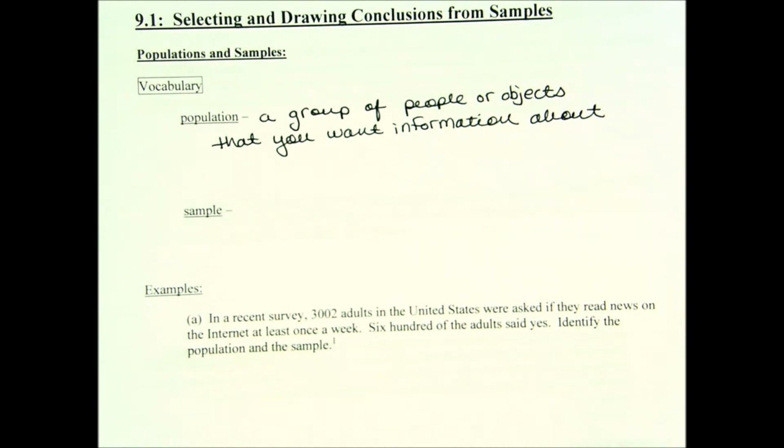So, for example, our population could be maybe all the residents of Ashland. We want information about what the people of Ashland think about this whole coronavirus crisis, for example.